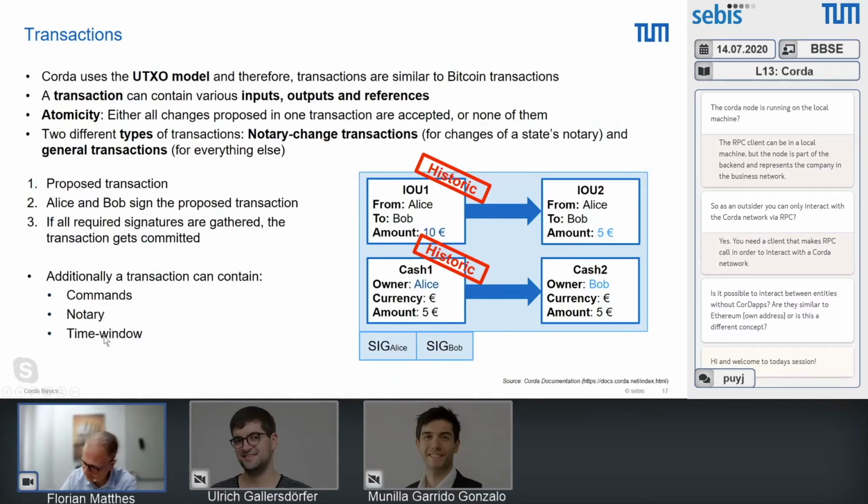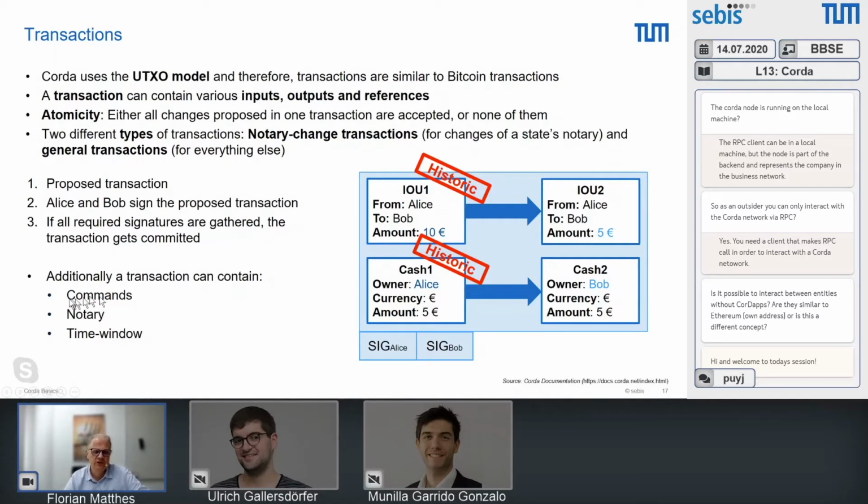You can limit the time when it can start and the time when it should have been finished. We have seen examples in Bitcoin of why it might be sensible for the parties to agree on such time windows. It also can force the other party to do something in a limited time, so you can also express obligations. You have to sign this, or something has to happen until then, or something cannot happen before that. So these are things you can associate declaratively as values with a transaction.